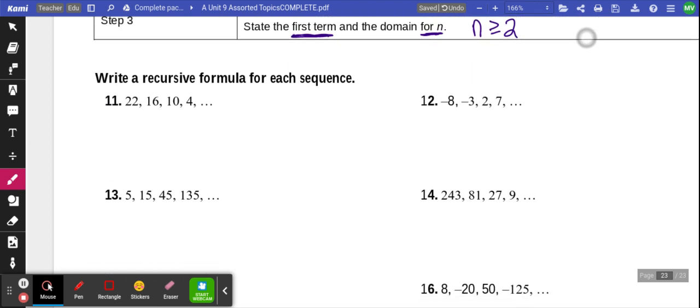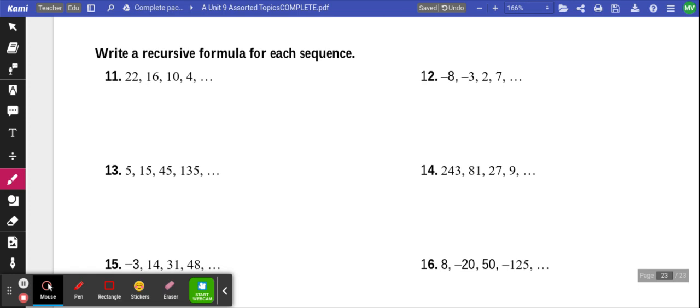So for number 11, we're going to write the recursive formula. So first, I'm identifying if it's arithmetic or geometric. Here I am subtracting 6 each time. So that means it's arithmetic. And my common difference is negative 6.